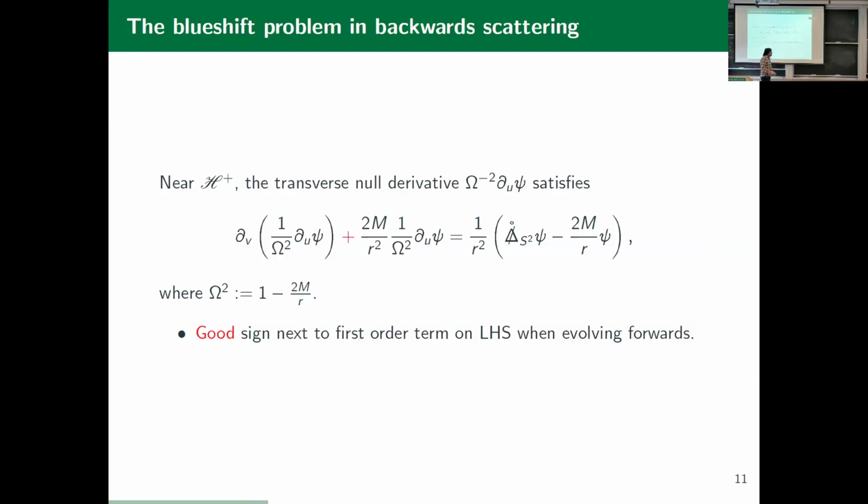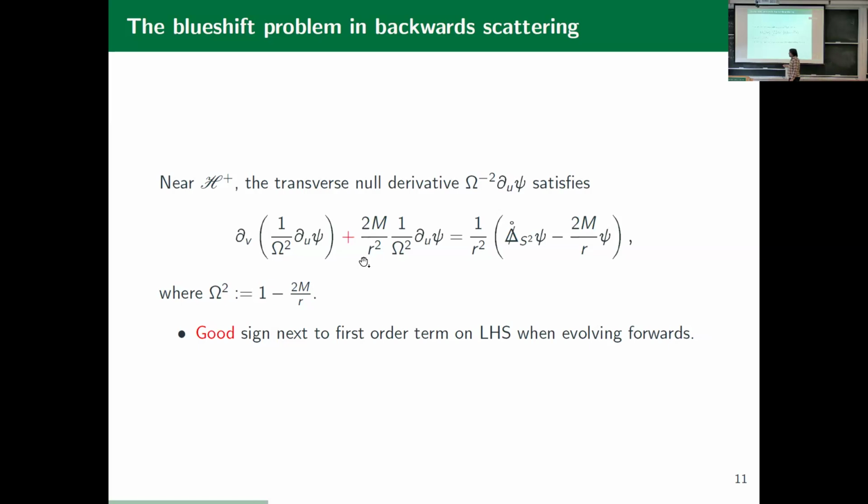Okay, so to get an idea of what kind of obstruction we can face if we try to construct a scattering theory that does control the local energy at the event horizon, we look at how the wave equation controls that transverse null derivative. And what we get is something that looks like an ODE of exponential type, in the sense that we have this term here.